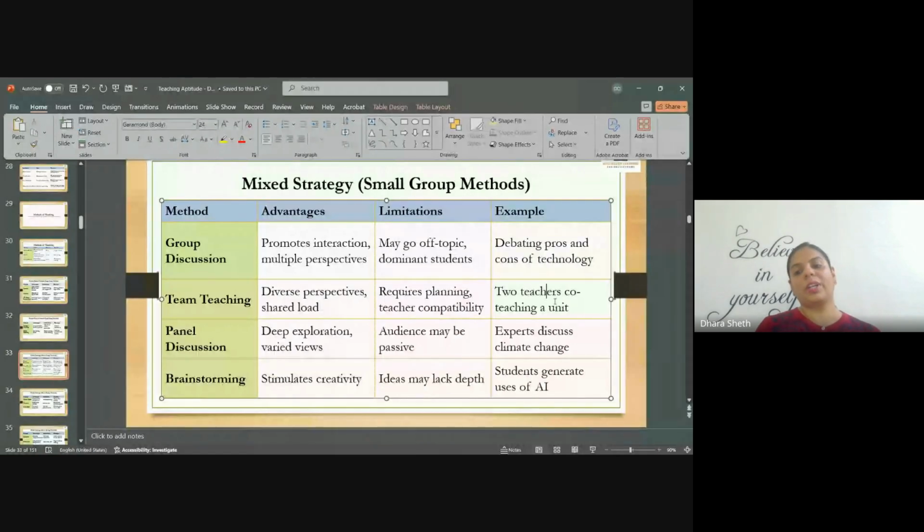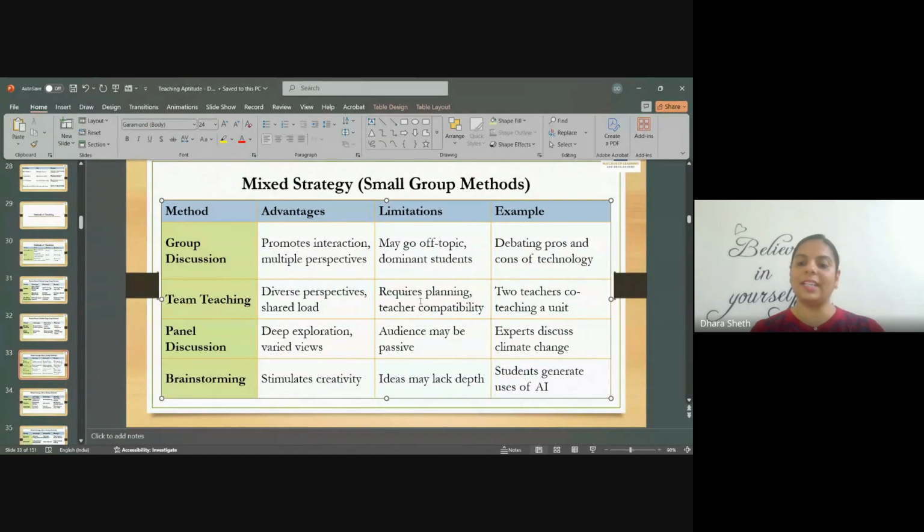2 teachers co-teaching a unit. So the load is shared, but at the same time, it does have its own disadvantages. Like when I was working in the university, one team teaching example that I could give is in this session, I'll be taking few topics, Shriya ma'am will be taking few topics, and Agast Muni sir would be taking few topics.